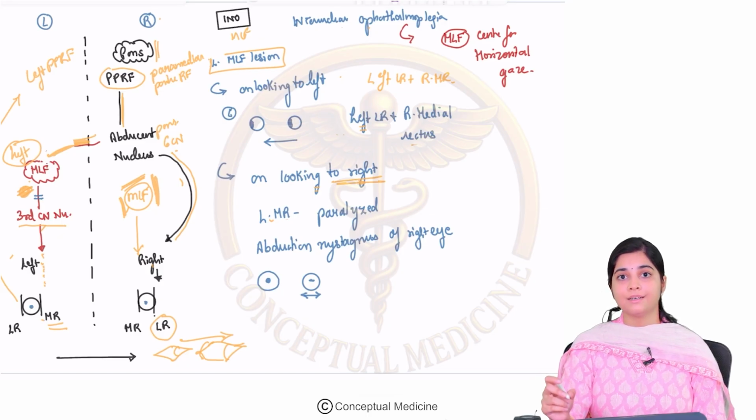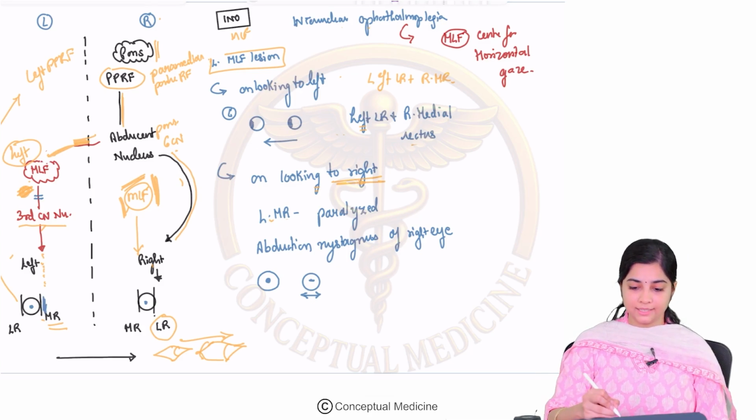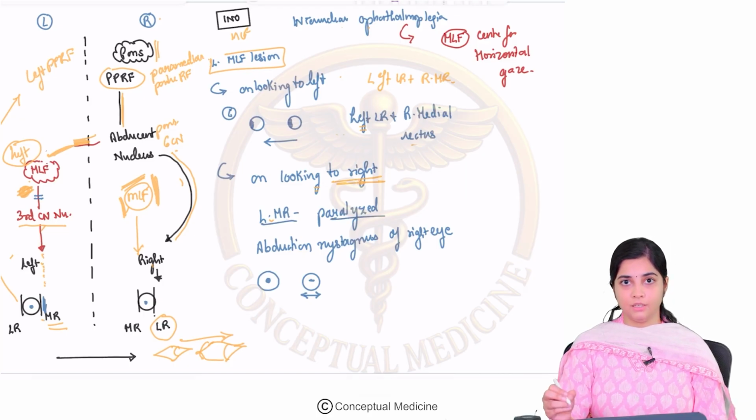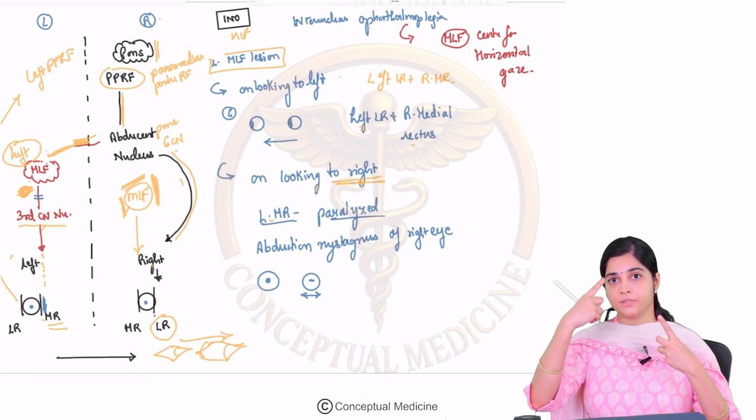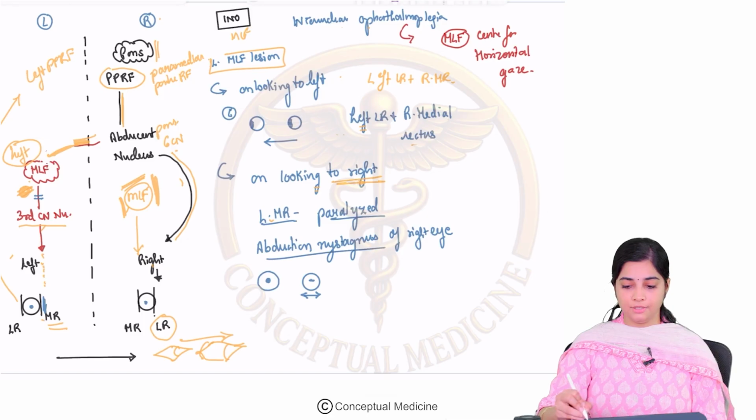Now, the left medial rectus is supplied by what? It is supplied by the left MLF. Now, that is damaged. Can you see here? So, your left medial rectus is paralyzed, and what happens if one muscle is paralyzed? The other side, because it has almost the same supply, is going to have an abduction nystagmus.